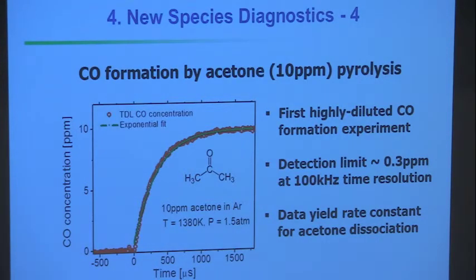So that's the first highly diluted CO formation experiment. Technically it was about 0.3 ppm. We only had 10 microsecond time resolution in this strategy. This is one advancement. It's a little harder than a single pass, but it's a way to get a gain of 10 to 100 or more in sensitivity.